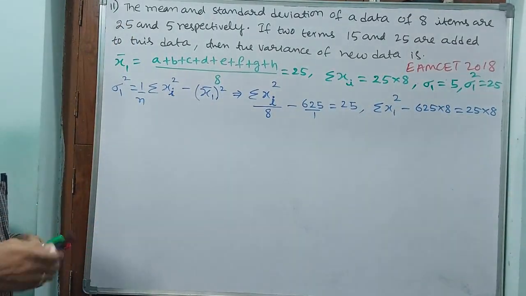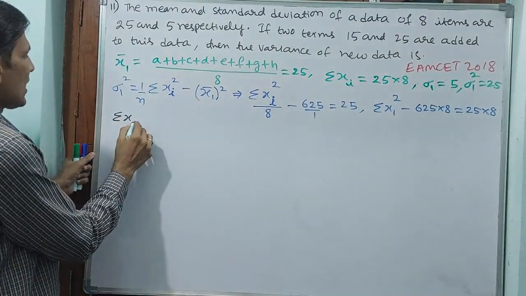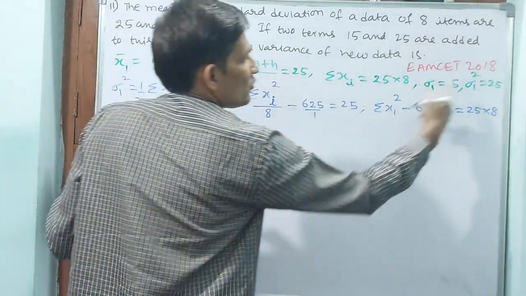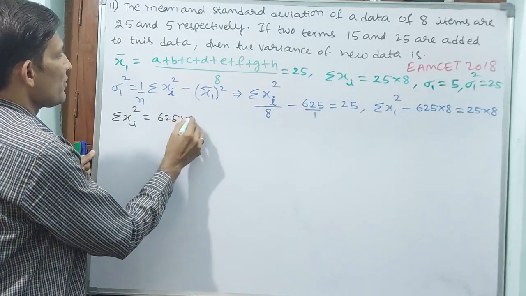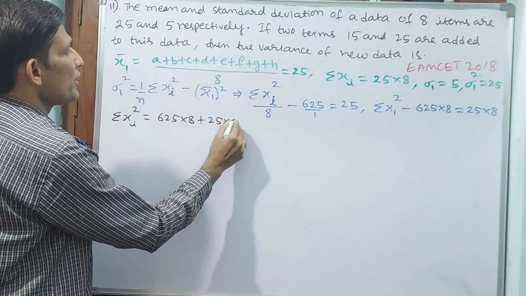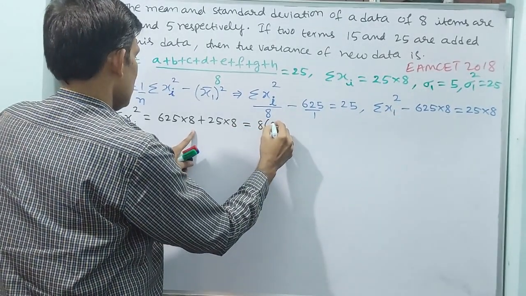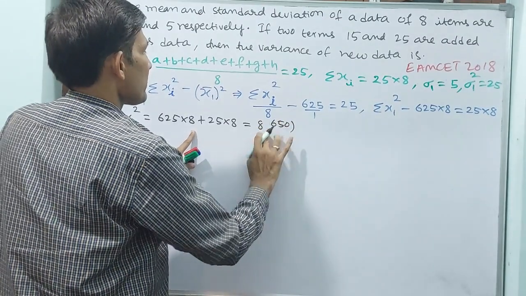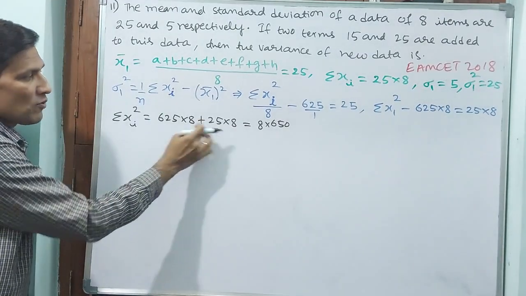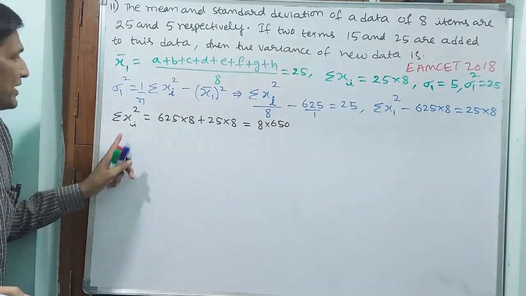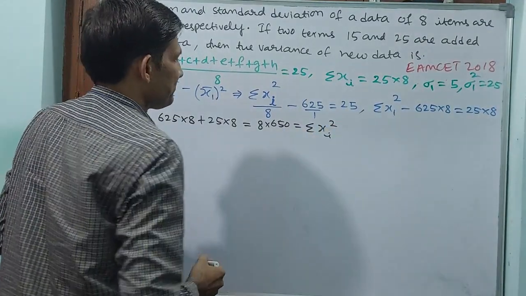you see, sigma x square you are going to get now. How you are going to get? You see, sigma xi square is equal to this, you make plus that side. Okay, 625 into 8 plus 25 into 8, or else you take 8 common, 650. 625 plus 25, 8 you have taken common, 8 into 650. 8 into 650 is your sigma xi square.